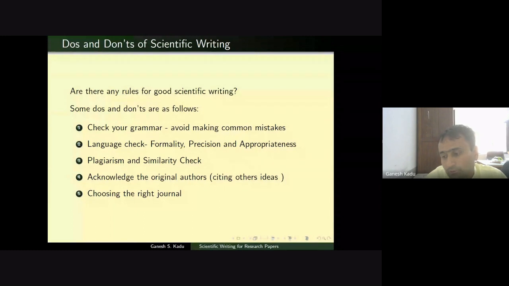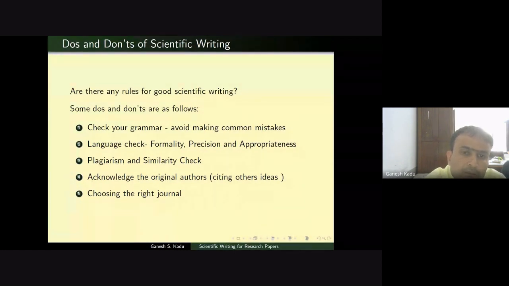The language has to be formal. It is not the kind of language you find in novels. And then appropriateness: what kind of language suits your exposition, the subject matter you are presenting? That is again something you must observe.